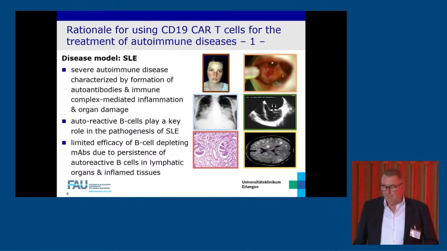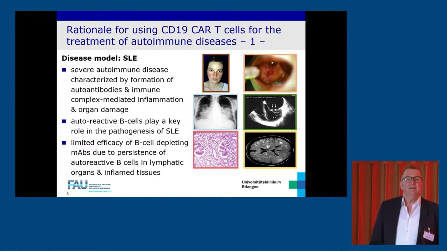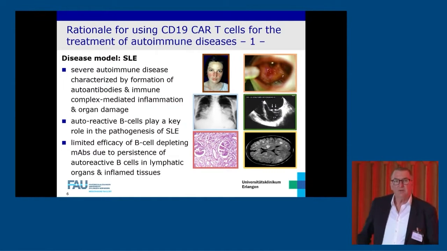So we thought that systemic lupus erythematosus is a wonderful disease model for such an approach using CD19 CAR T cells. Why? SLE is a severe autoimmune disease, as you know, characterized by the formation of autoantibodies and immune-mediated inflammation and organ damage.